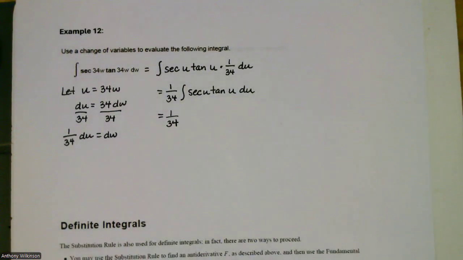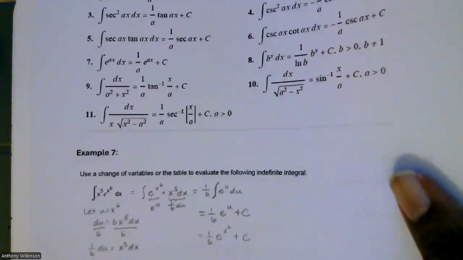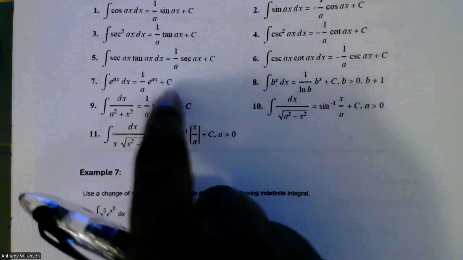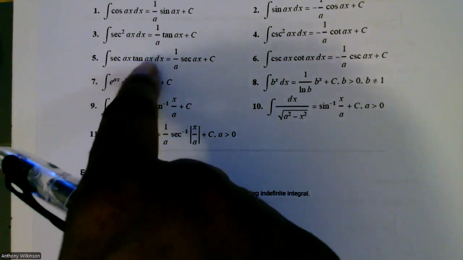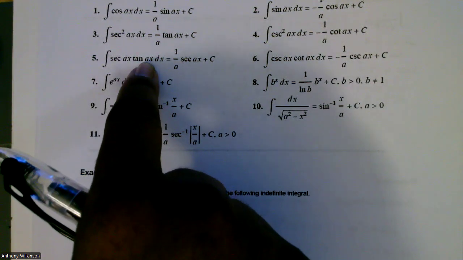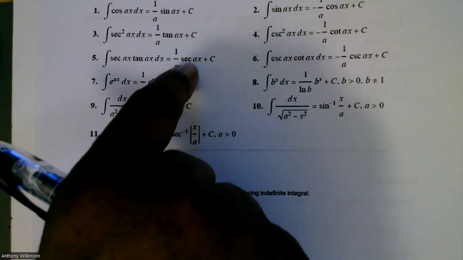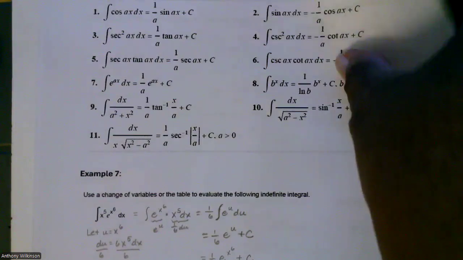Now the integral of the secant of u, tangent of u, we'll go back to that table. The integral of the secant of the angle times the tangent of the angle is actually the secant of that angle.